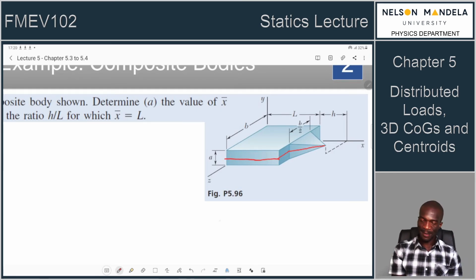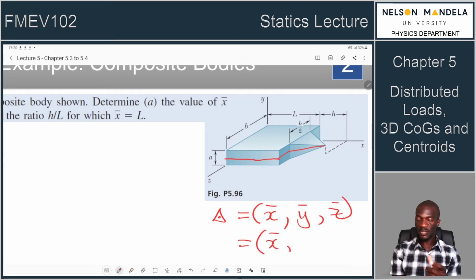This means that our centroid already has its x bar. We don't know it yet. That's what we are looking for. But we know its y bar, z bar. So its x bar is what we're looking for. Its y bar, we've seen that it is at half of A, because our A is offset from y equal to 0.